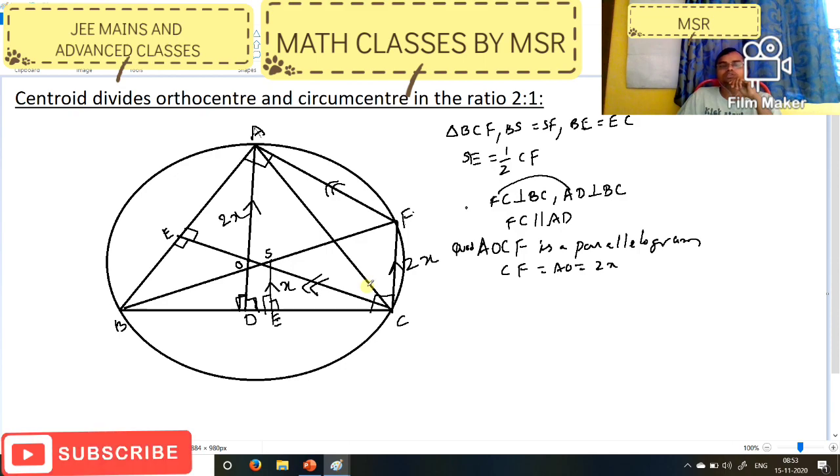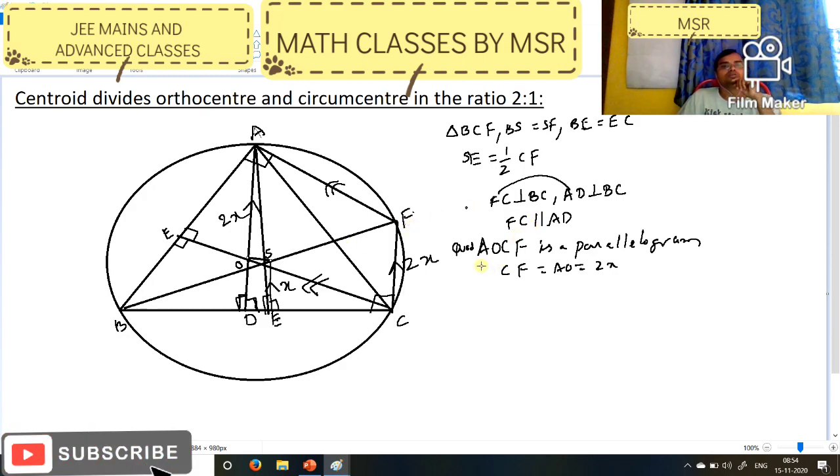Now what I will do is draw one median through A. Okay, median I have drawn, AE. Now join OS.